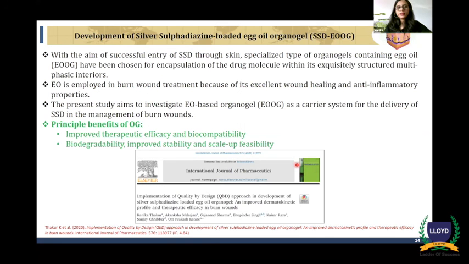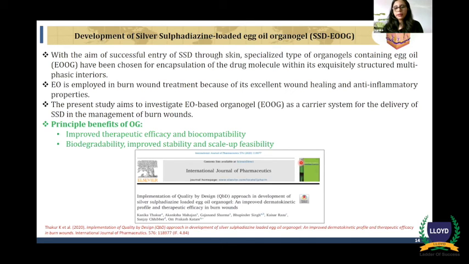And coming on to the second example, this is also a nanocarrier-based approach, but it was used with a different molecule, that is silver sulfadiazine. So as most of you might know, silver sulfadiazine is a kind of gold standard which is used for the treatment of burn wound injuries.